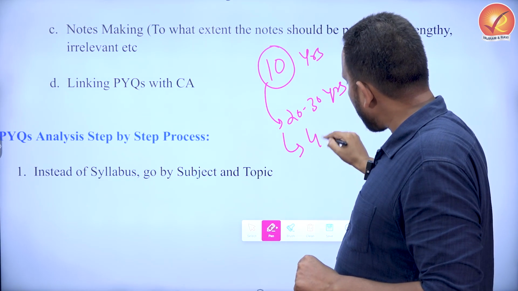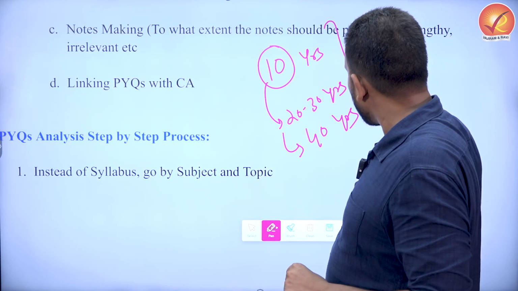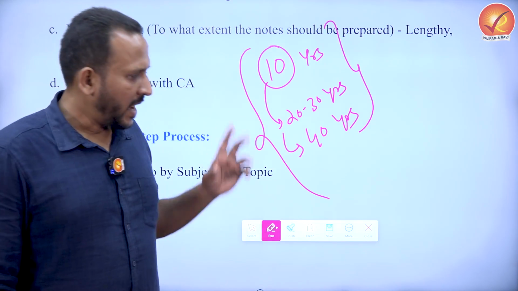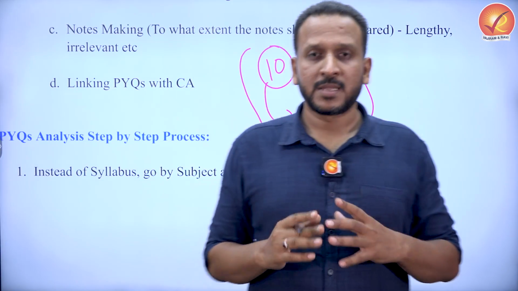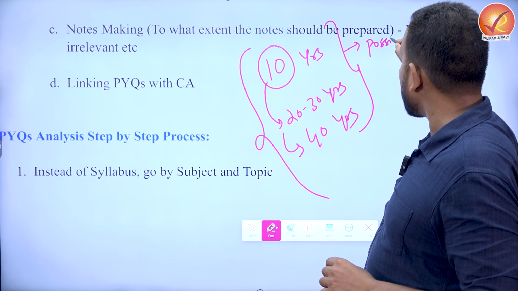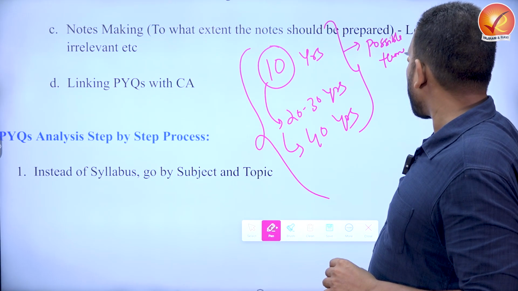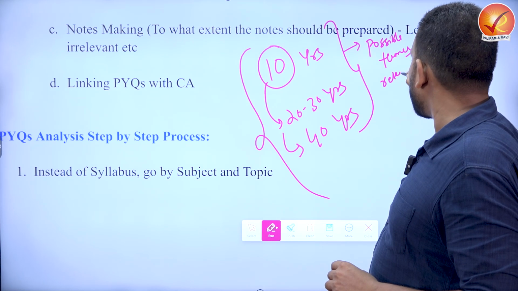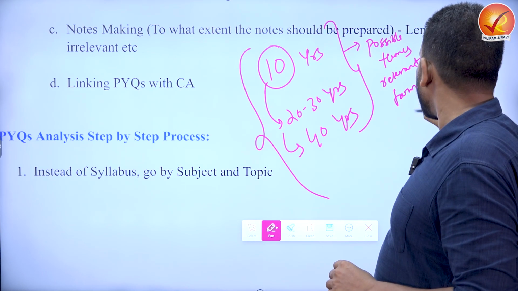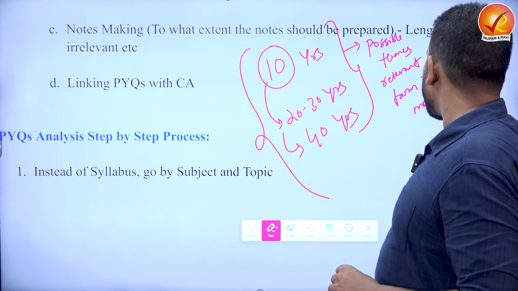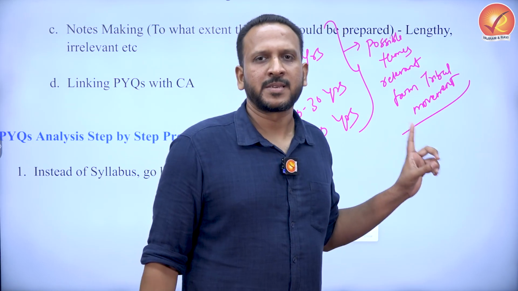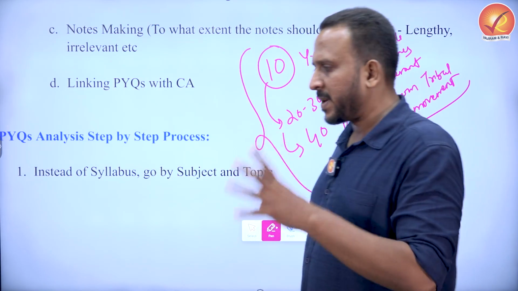If I have to go further, I'll go 40 years back, and I will continue my research until I get to know every possible theme relevant from tribal or peasant movement. Because in 10 years I haven't got anything. But I cannot leave this topic like this, because I know this topic is important.